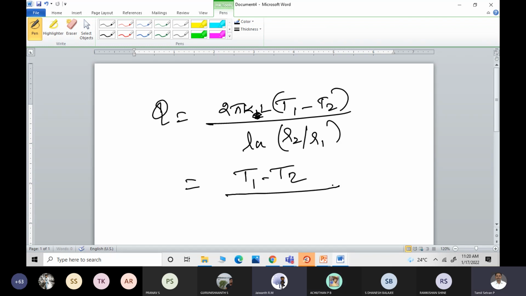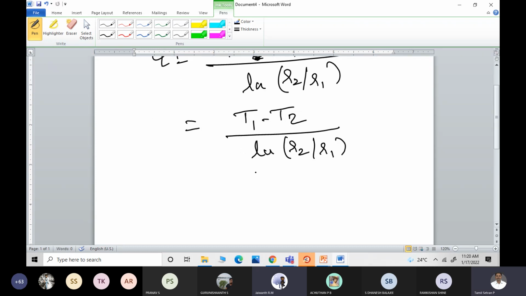This I can rewrite as Q equals T1 minus T2 divided by natural log of R2 by R1 divided by 2 pi KL.